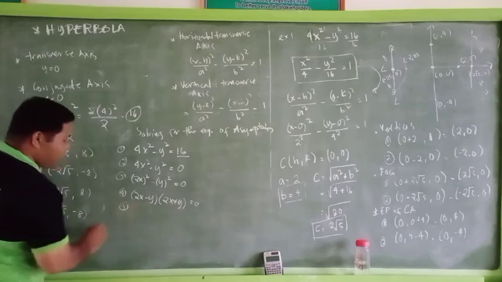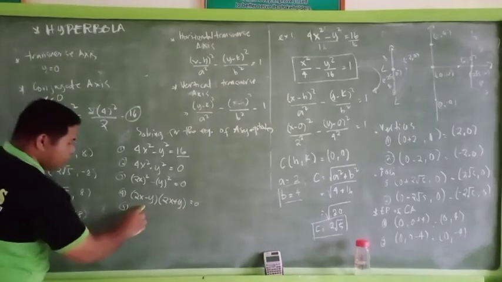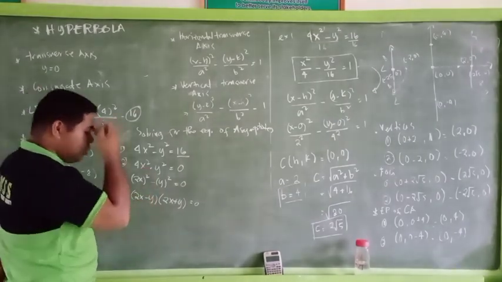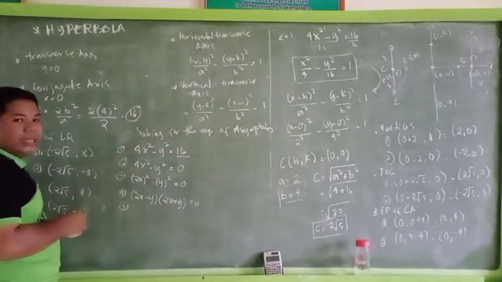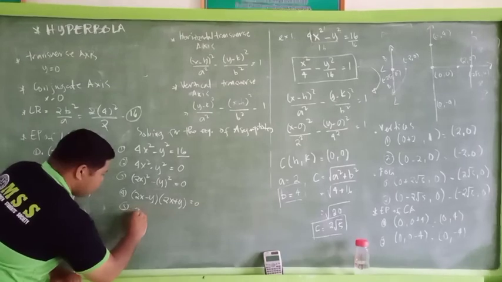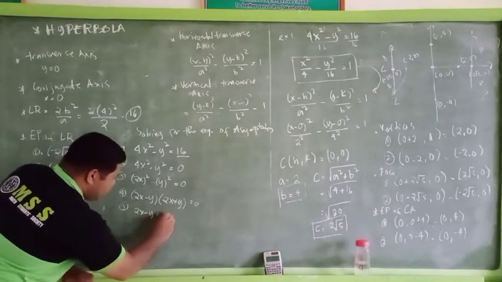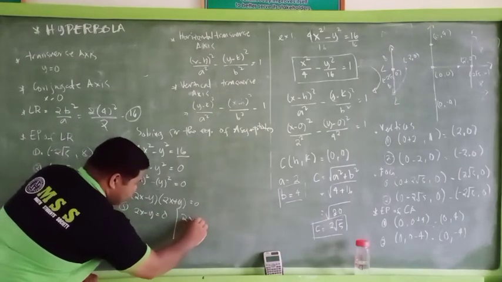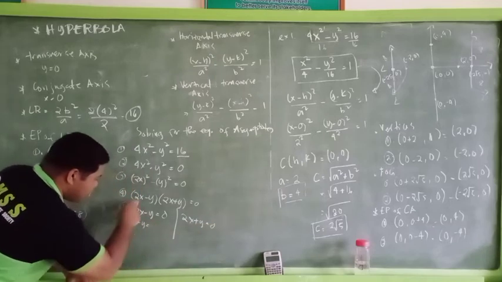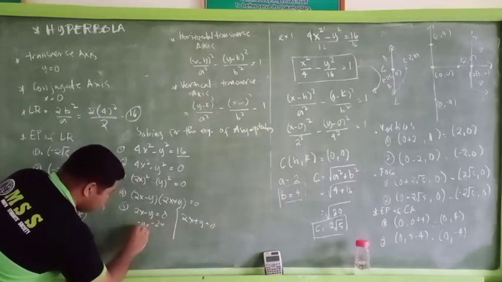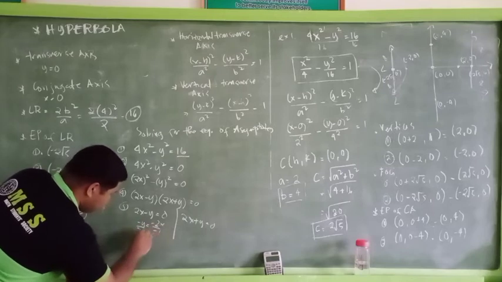So, step 5 natin dito, equate natin itong dalawang factor na to into 0. Then, ito na yung magiging equation ng asymptotes natin. So, 2x minus y equals to 0, 2x plus y equals to 0. So, negative y is equals to ito, transpose, negative 2x divided by negative 1.